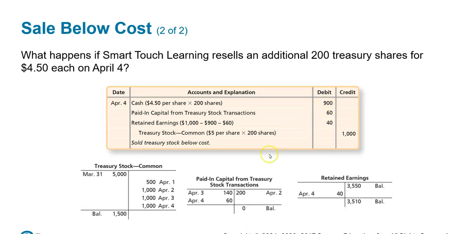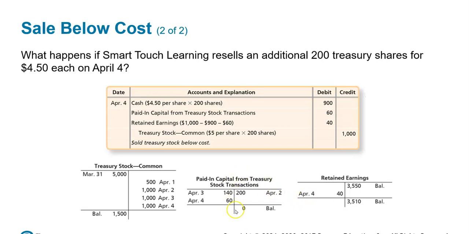is $100 out of paid-in capital Treasury stock, but we only have $60 left in paid-in capital Treasury stock from the premium prior to. So we take that $60 out, and the deficit, the $40 deficit, comes out of retained earnings.